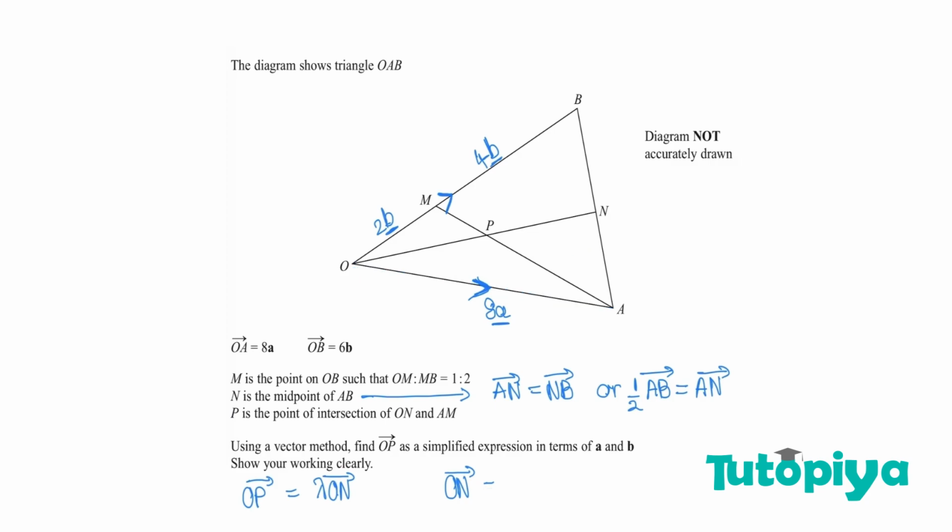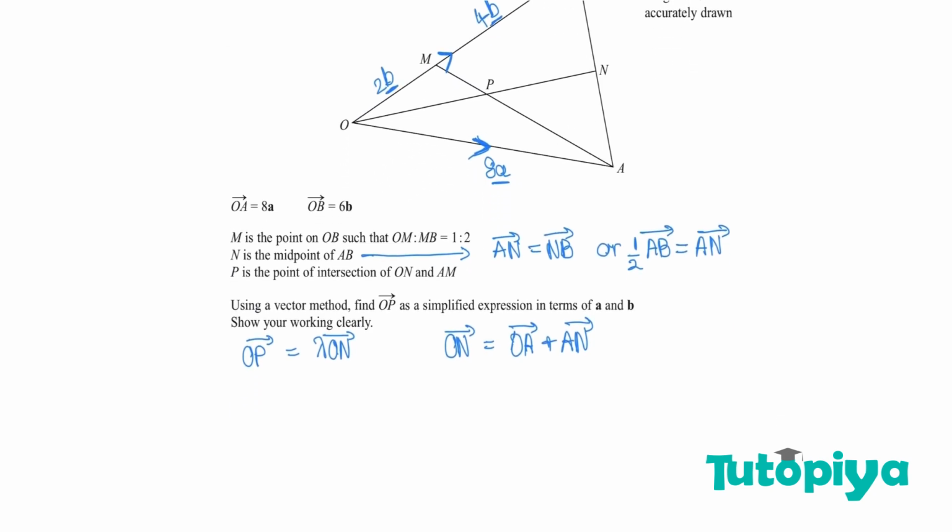So I am going to write this as ON is equal to OA plus AN, and we already know that AN can be found by half of AB. And I actually can identify AB from this diagram. So let's start off writing this answer down.